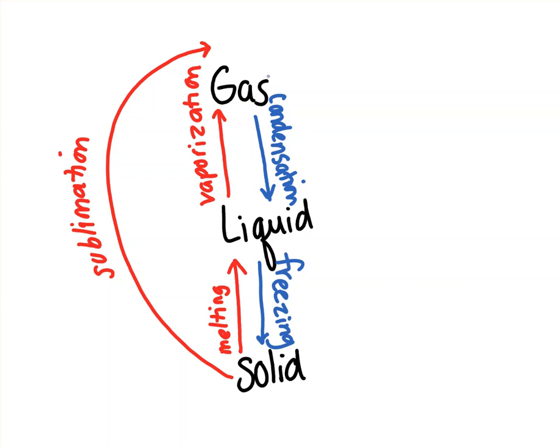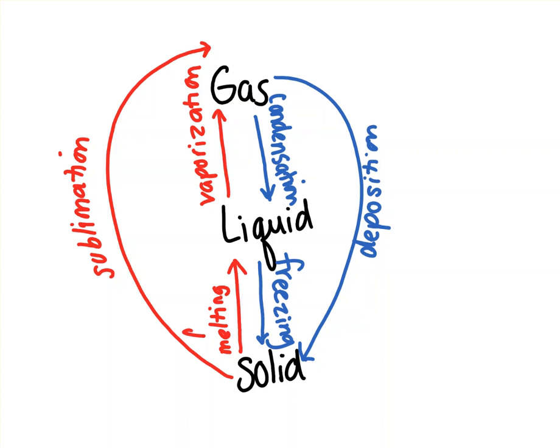And then from a gas to a solid, that's called deposition. And one other one I'm going to add in on this other side is that a fancy word for melting is fusion. Okay, so I did the ups on one side and the downs on the other. Let's talk about the ups.